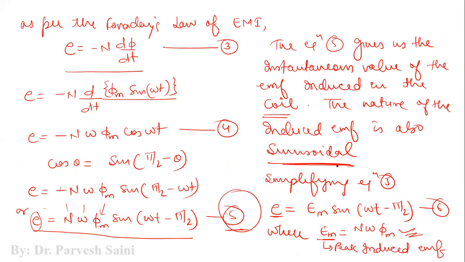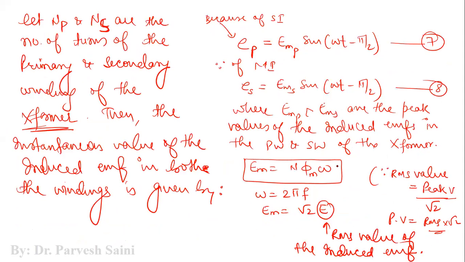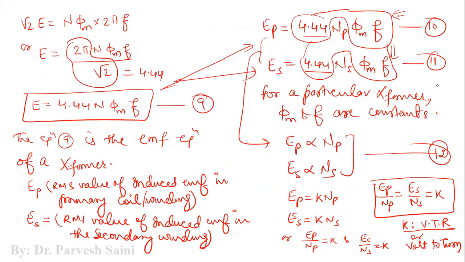Okay, then we have seen the EMF equations of the two windings separately by equation number 7 and equation number 8. And finally, equation number 9 gives us the final EMF equation of the transformer. From this equation, we can derive the separate equations for both the windings of the transformer. And in that, we have seen that 4.445 and the product of these three is common for both the equations.